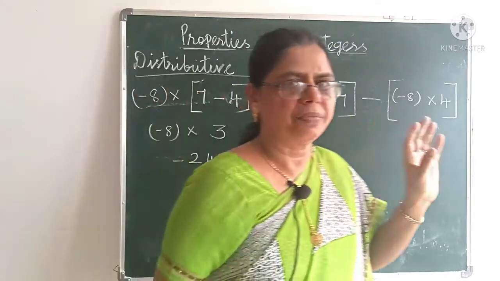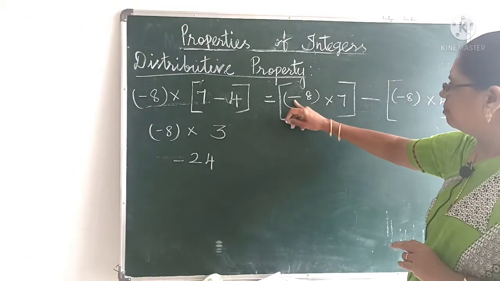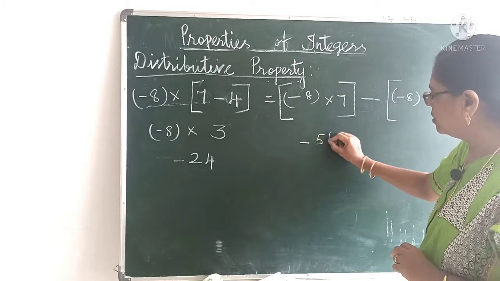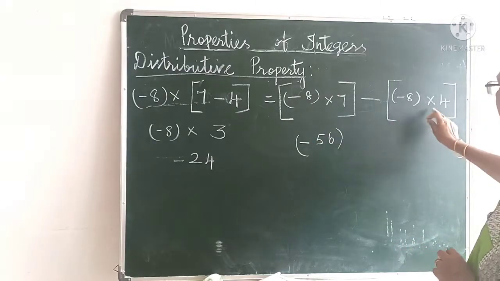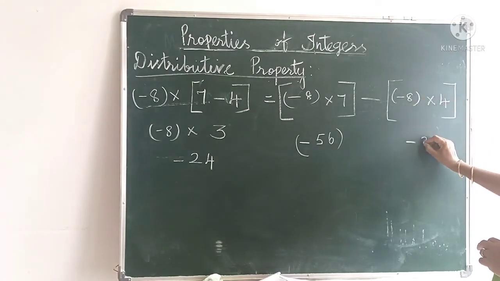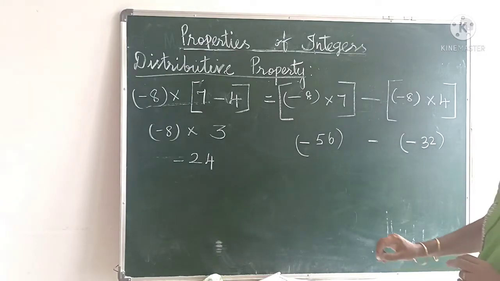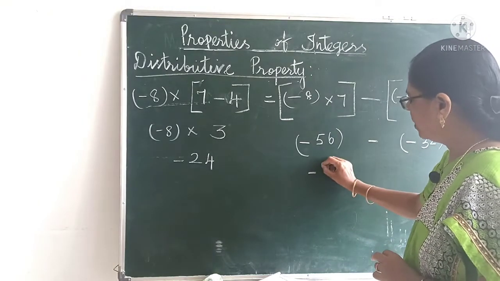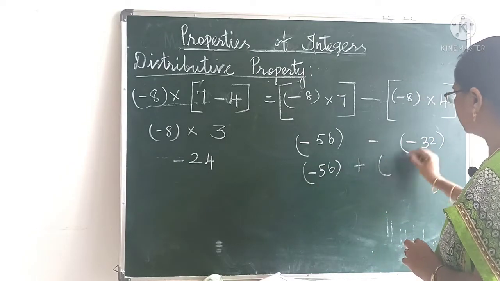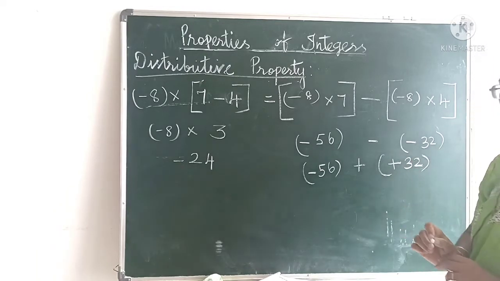And this side, let us do the brackets first and then come to subtraction. Minus into plus is minus, 8 into 7 is equal to 56. And next multiplication, minus into plus is minus, 8 into 4 is 32. And then we are going to do subtraction. What is the rule? Copy down the first number as it is, change minus into plus, and the opposite of minus 32 is plus 32.